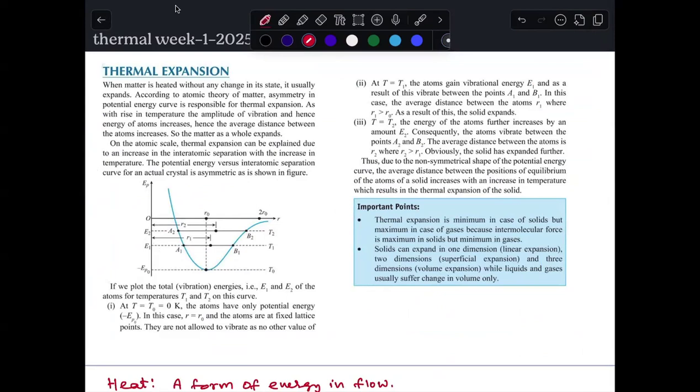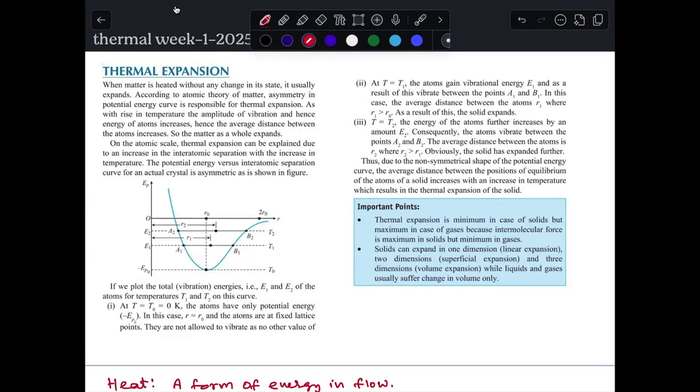Next, what is the basic reason for thermal expansion? See, what is happening when matter is heated, that we will study. When you heat matter, first you will see a rise of temperature. Also, you will see thermal expansion too. The object dimensions will change, increase. Why is it happening?